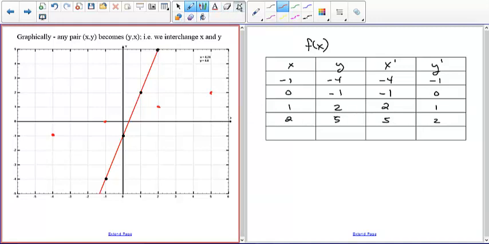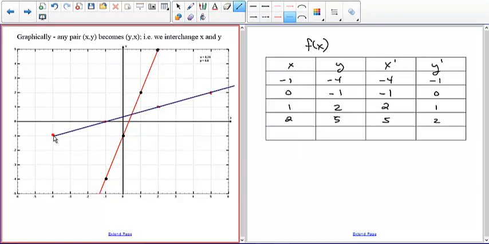And you'll see that the function here, this relationship, is a line like that. And I can extend this out so it covers the same amount of the graph. So there we go. So the blue curve is the inverse of the red curve.